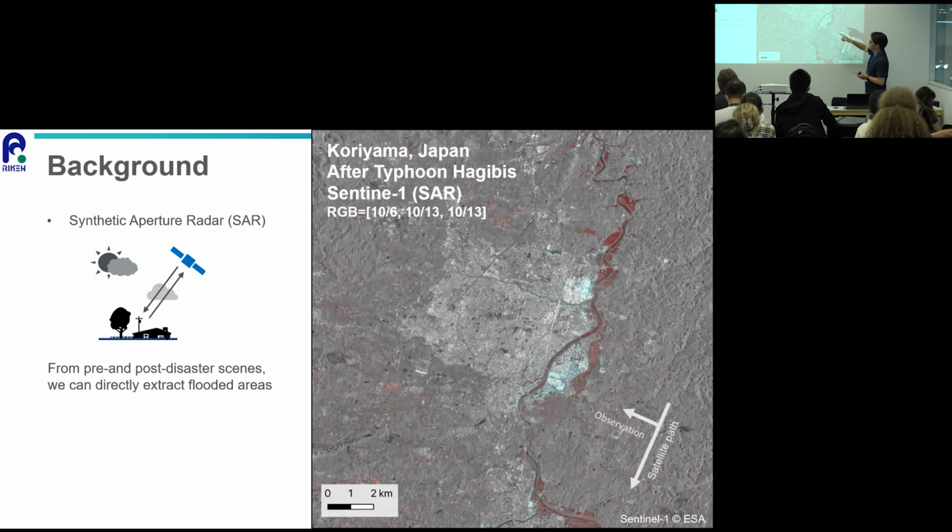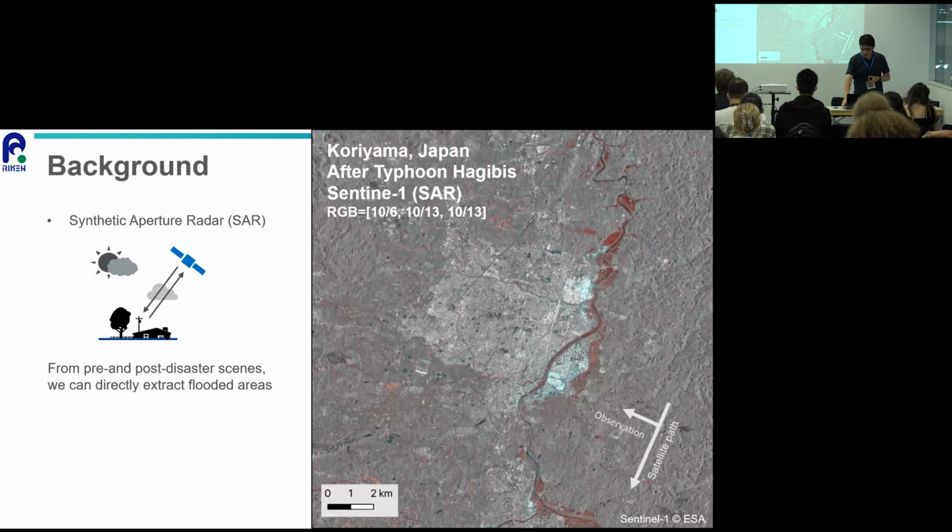The red segments are the flooded areas in the paddy fields, and the bluish areas are the flooded areas in the city. We can do this because the pre and post SAR scenes have almost the same acquisition conditions, that means the same orbit direction and the same off-nadir angle, the same angle with respect to the vertical.